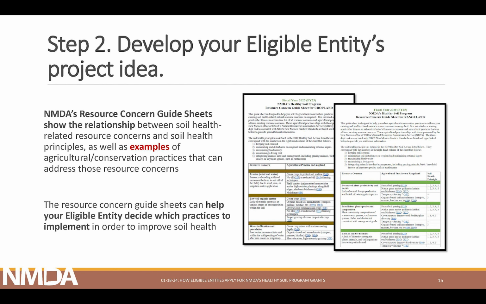Special note, the resource concern guide sheets are simply designed to help you. This is not something that you'll have to turn in as part of your application packet, but they're designed to guide you through the process to put together a quality grant application that is going to have the best potential for improving soil health.